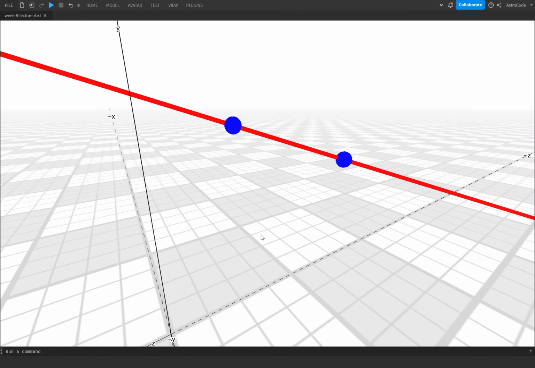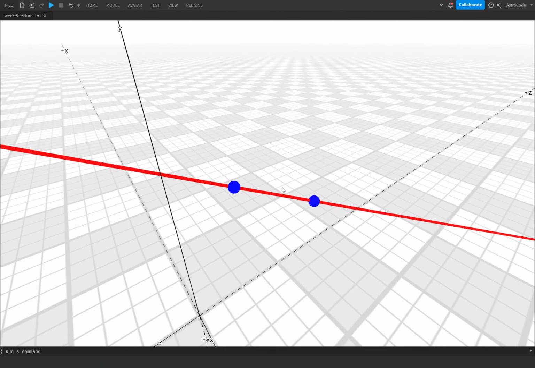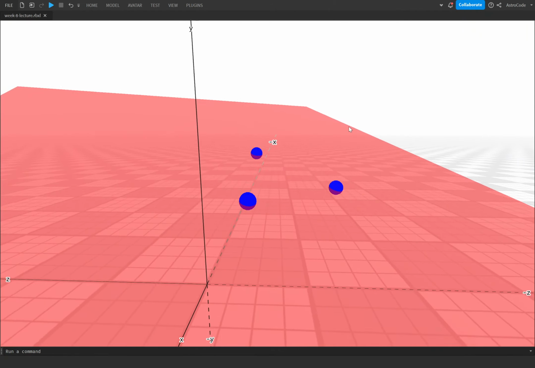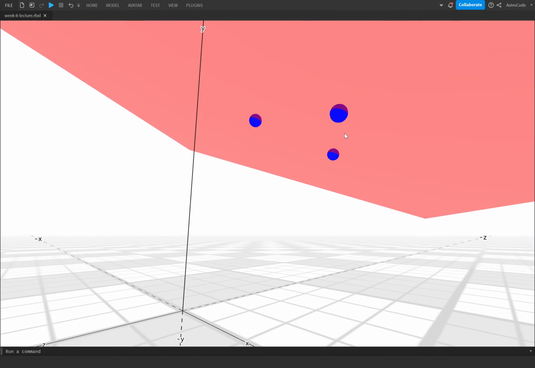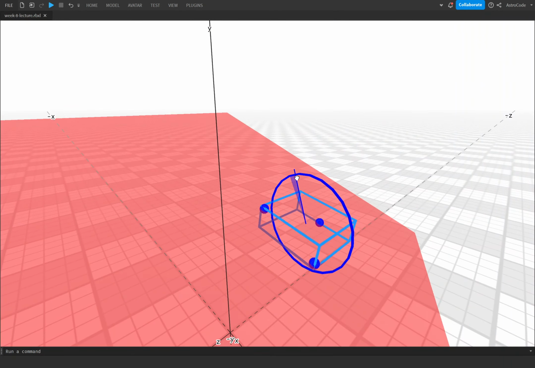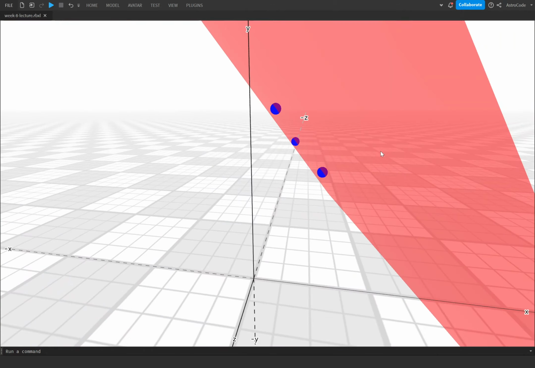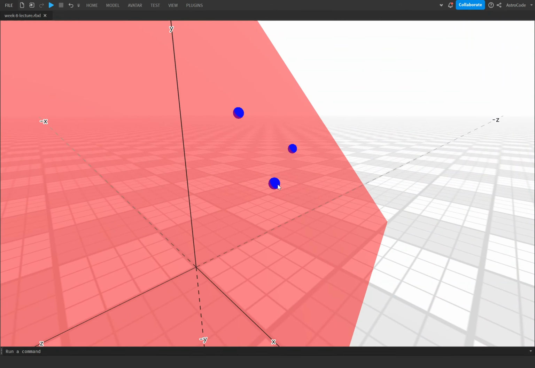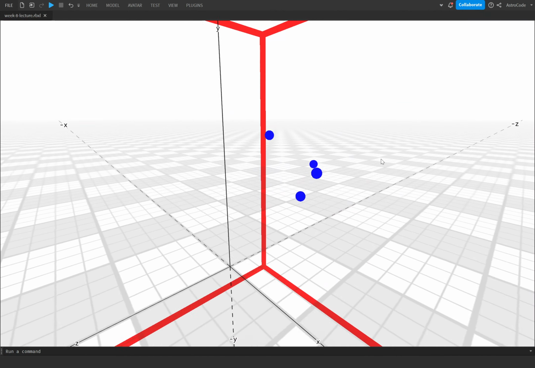This is all of the affine combinations of these 2 points. And then I can add a third point, and now we get a plane. And again, this plane does not go through the origin. And if I add a fourth point, well, now we again get all of R3.